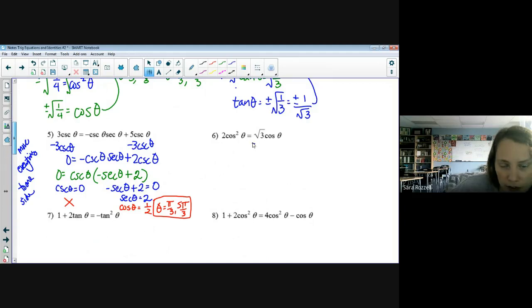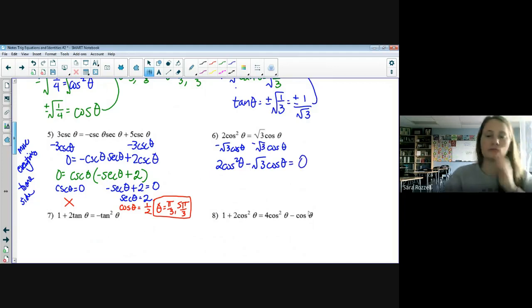So I'm going to subtract the root 3 cosine theta to this side. I could have done it either way. Doesn't really matter. So 2 cosine squared theta minus root 3 cosine theta is equal to 0.